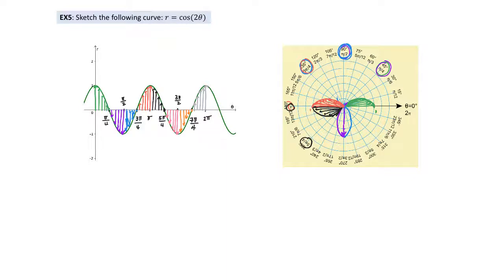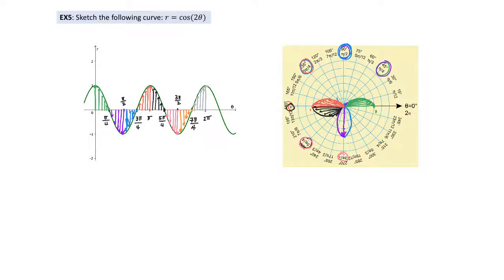And then moving on to the pink from 5 pi over 4 to 3 pi over 2. Now we notice that from 0, we're going to go to negative 1. So we're back to negative lengths. Okay, so here is 5 pi over 4, and then 3 pi over 2 right here.